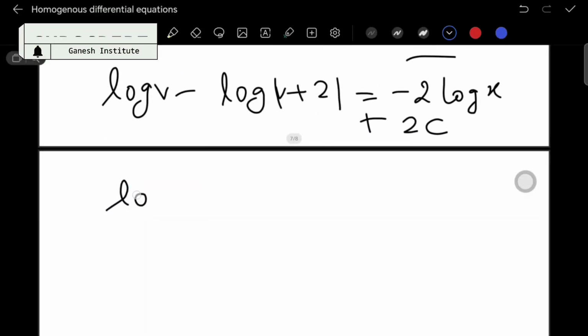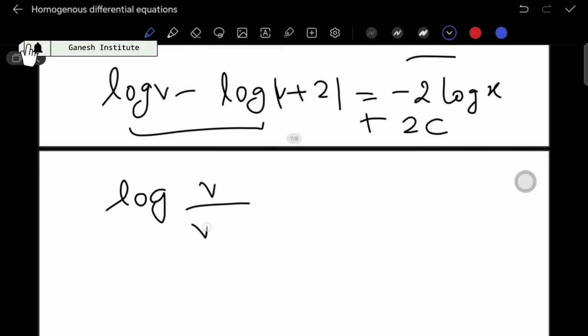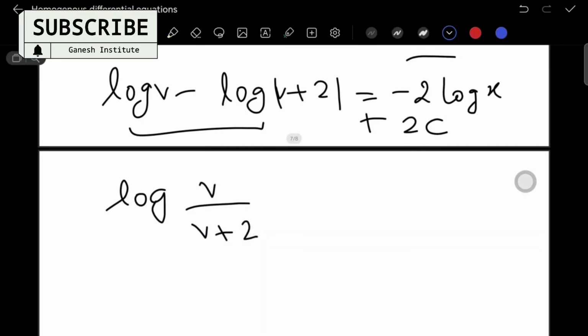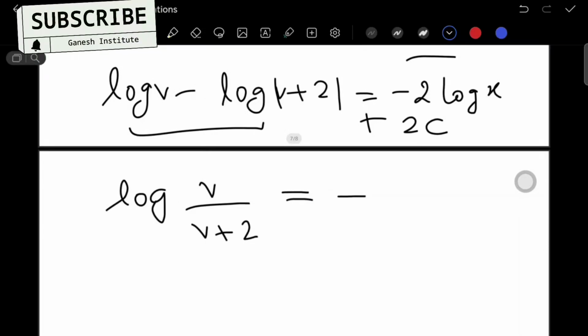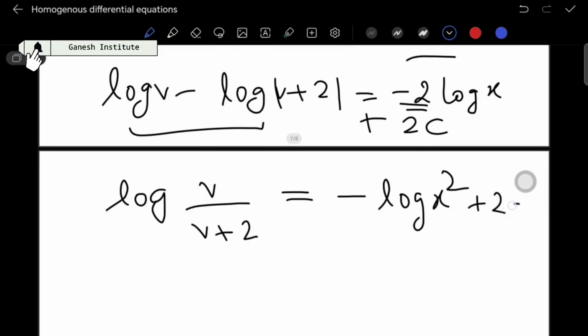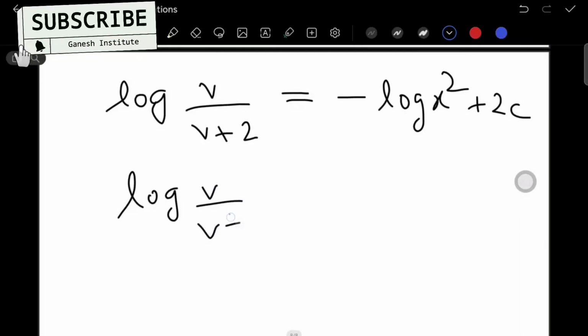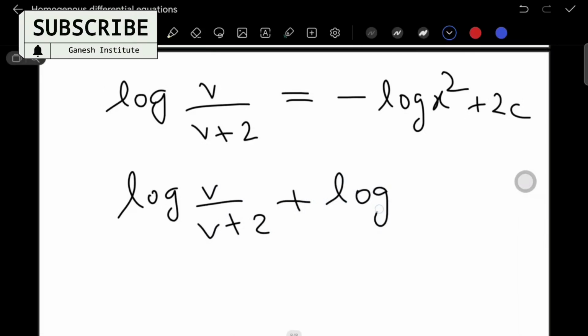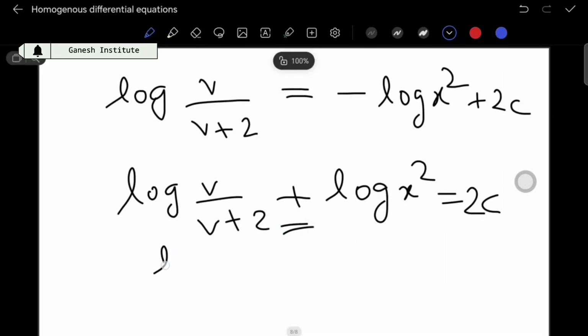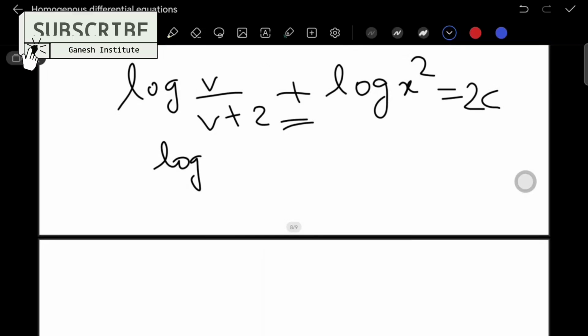Now whenever log a minus log b is given, we can write it in the form of division, and I can take the coefficient as power. Then I can bring logs together, and because it is in plus form, I can write it as multiplication.